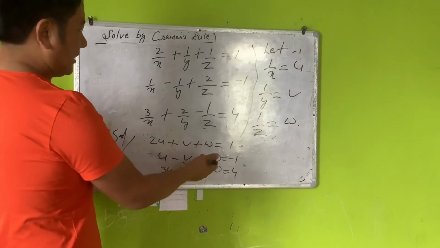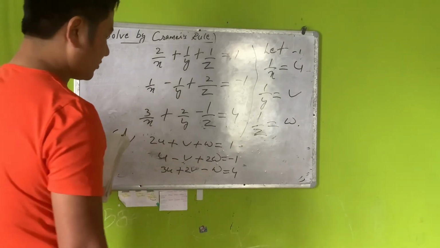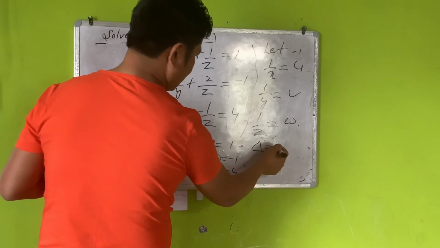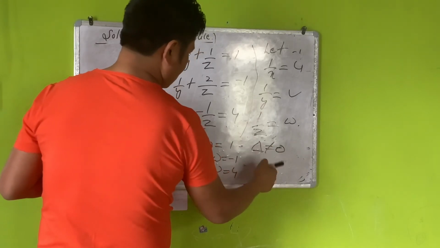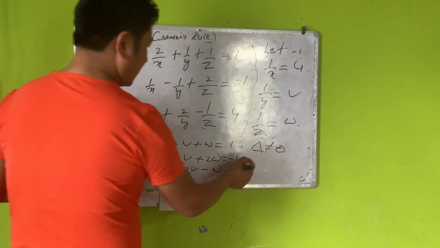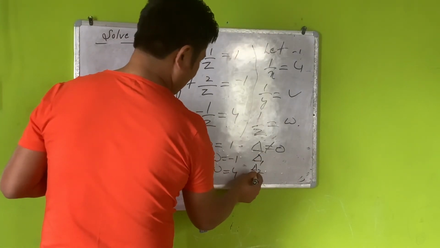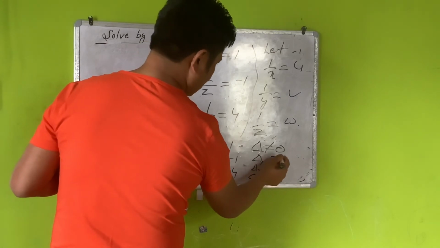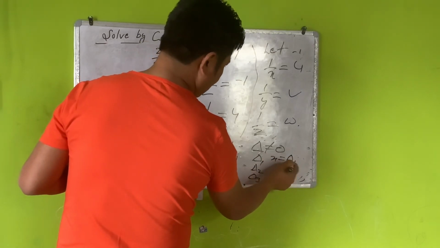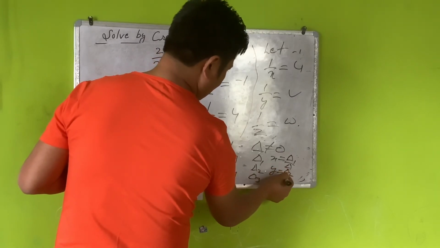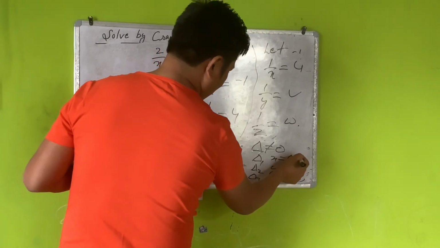Now easily you can solve by Cramer's rule. First you have to find delta. It should not be equal to 0. Then you can use Cramer's rule. Then find delta 1, delta 2, delta 3. Then u is equal to delta 1 by delta, v is equal to delta 2 by delta, w is equal to delta 3 by delta.